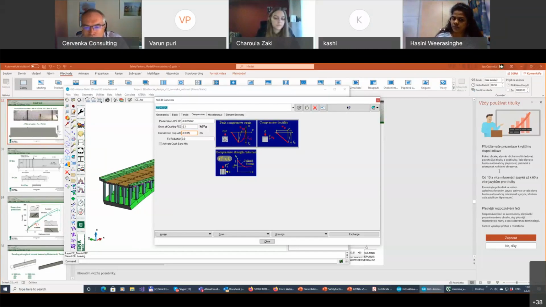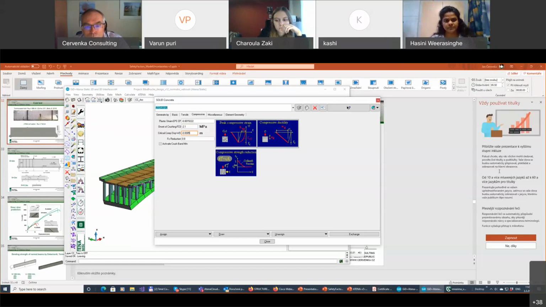But I am not saying that we should abandon the classical ways of checking or design or using analytical formulas. I think all these methods should work together. Sometimes you have cases when the analytical formulas are questionable to apply. Then nonlinear analysis is a good tool to make a more qualified assessment.